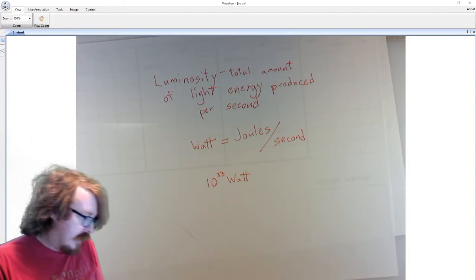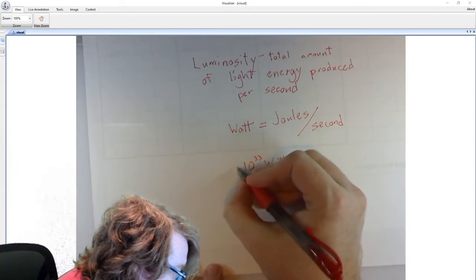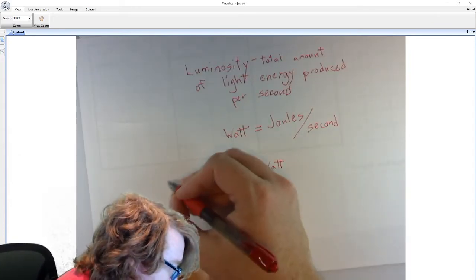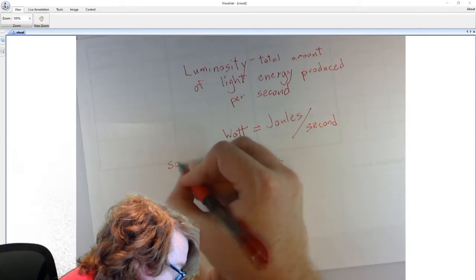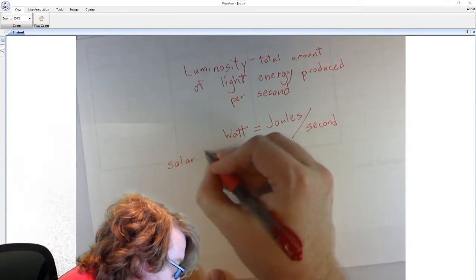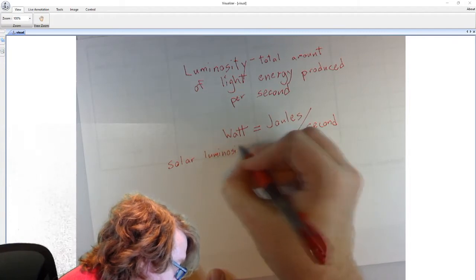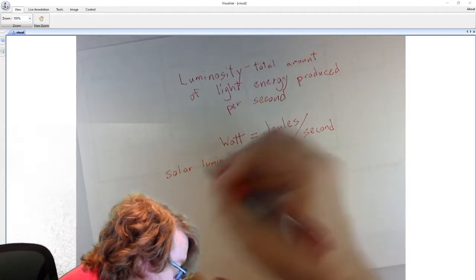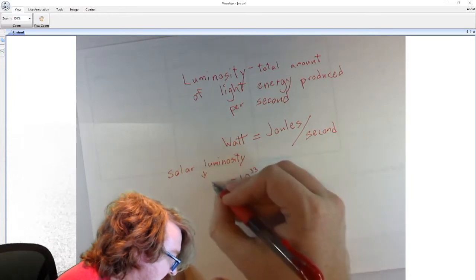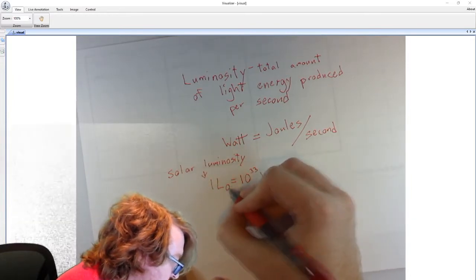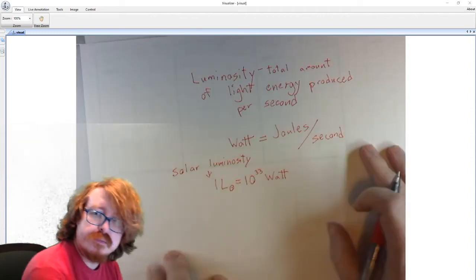And we call this amount of watts a solar luminosity. It's written like this: 1 capital L circle dot. Let me zoom that in.